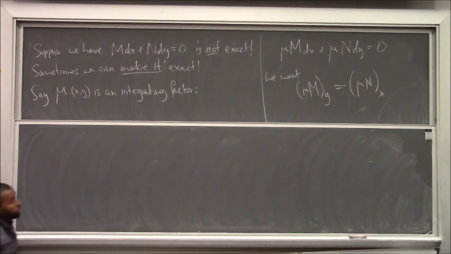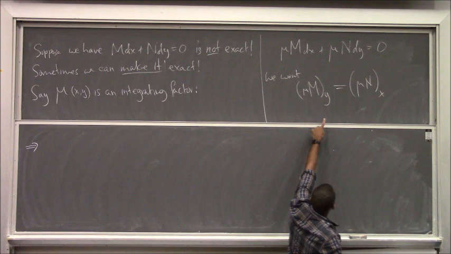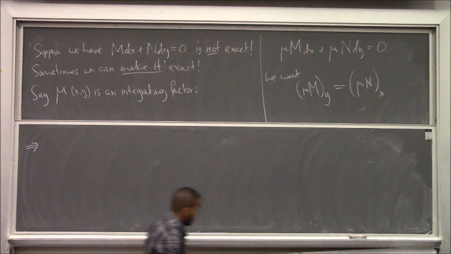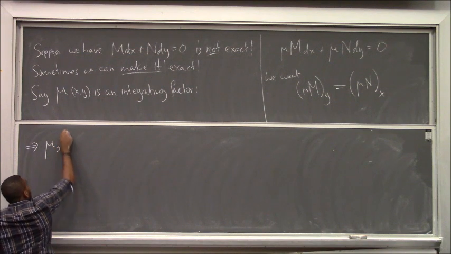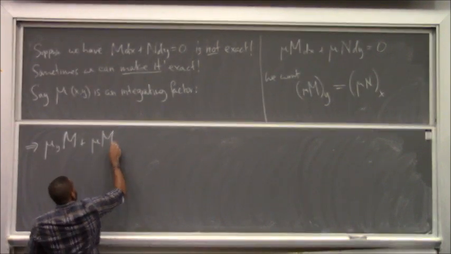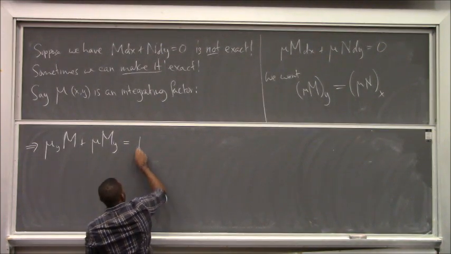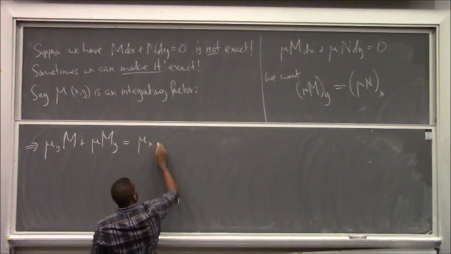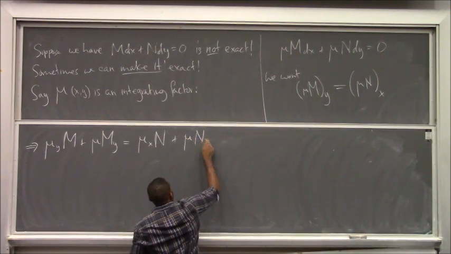So now what that means is, in a partial derivative there's still a product rule. So we are going to have mu times M sub y plus mu sub y times M, and we want that to be equal to mu sub x times N plus mu times N sub x.